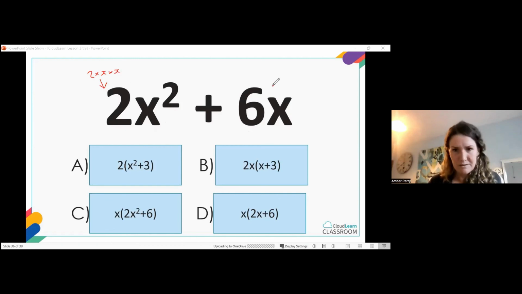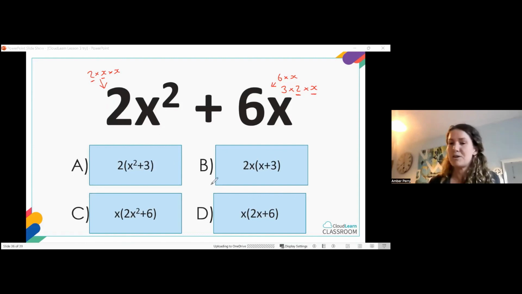And this one, we've got 6 times x. Now 2 is a factor of 6 as well as a factor of 2, because 6 could be written as 3 times 2 times x. So if we consider it that way, we can see that we've got 2 in both and we've got x in both terms there. So 2x is what we needed to take outside of the brackets.